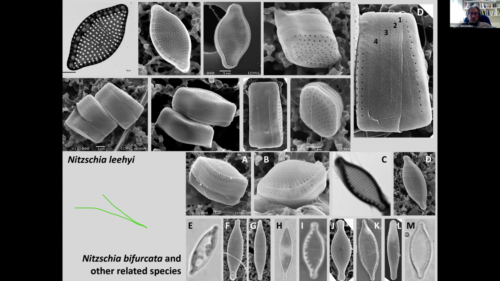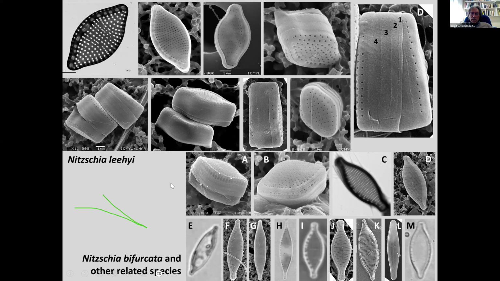And sometimes it is very difficult to separate all these species, and you have to rely on the images of the electron microscope to see some very small characteristics like the bifurcate stria.